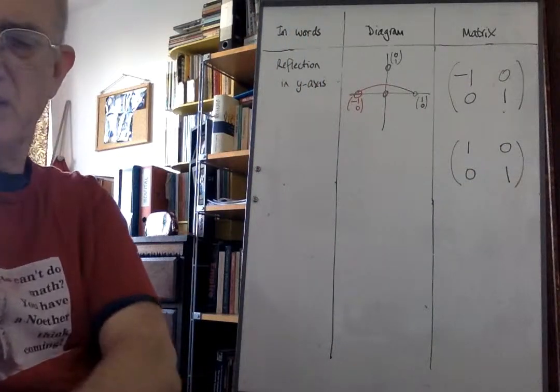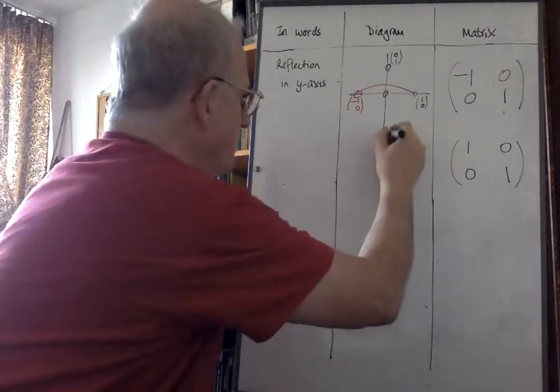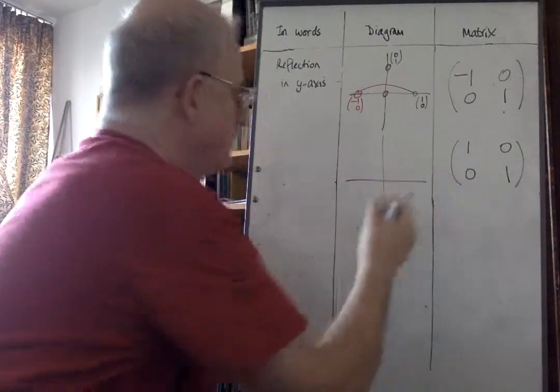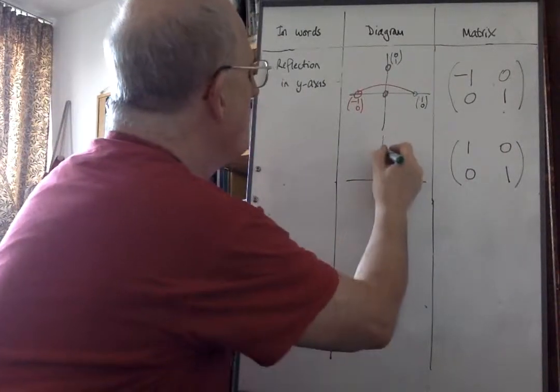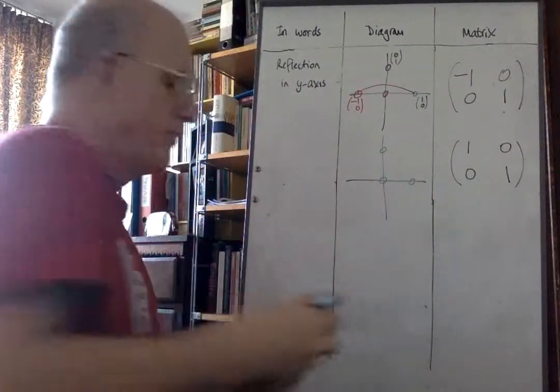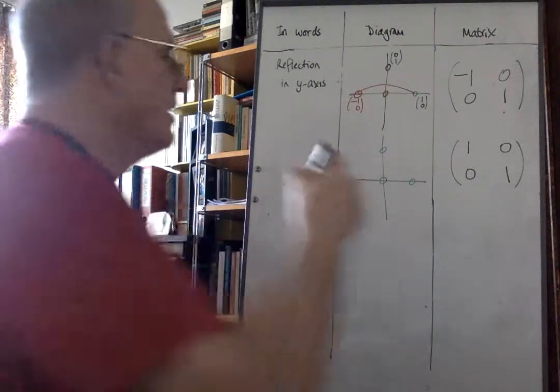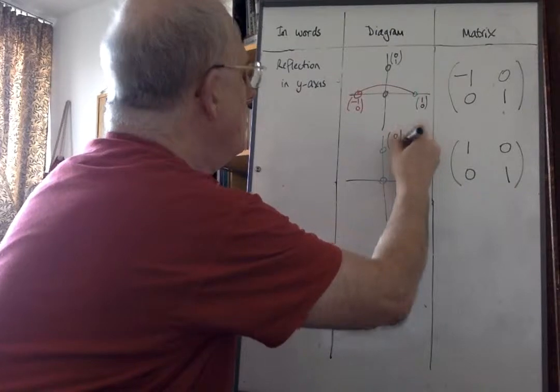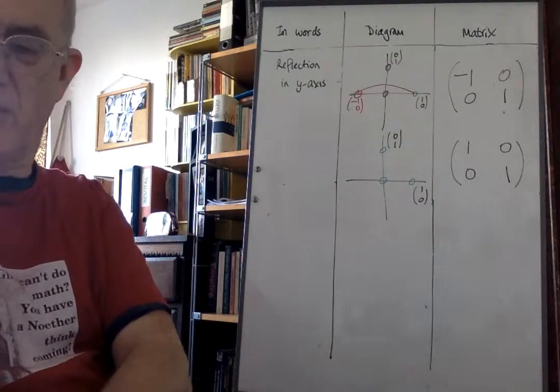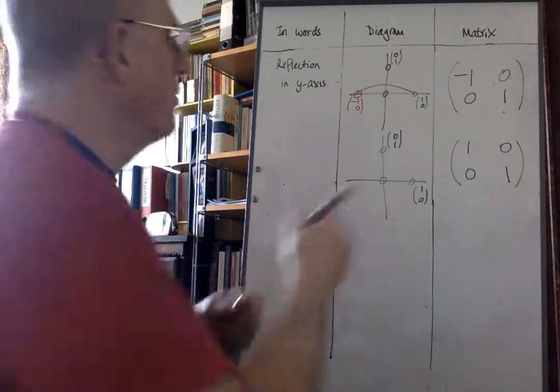Okay, here's another. We'll start off with this matrix. Okay, that's the matrix. Let's do a diagram again. Put in the coordinates. Right, so what happens with this one?